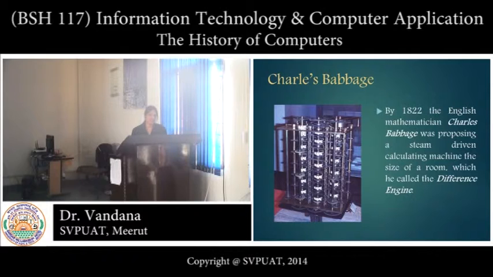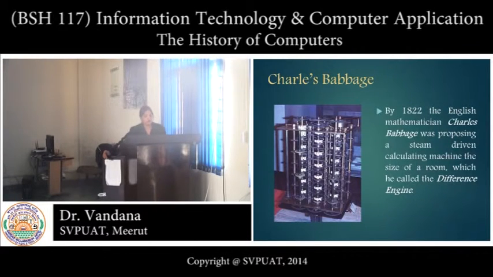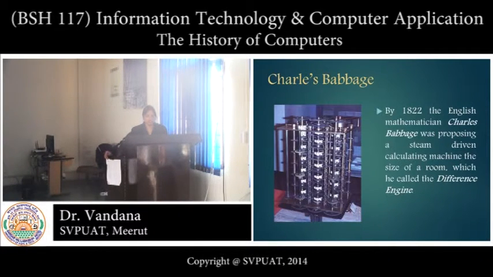And the person who is considered the father of the modern computer is Charles Babbage, who in 1822 developed a steam driven calculating machine with the name differential engine. The size of this machine was the entire room long.